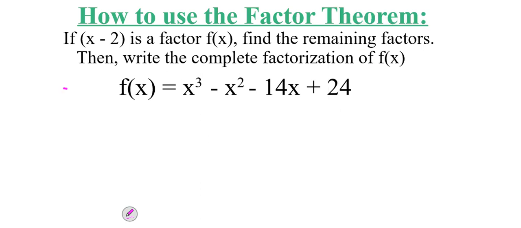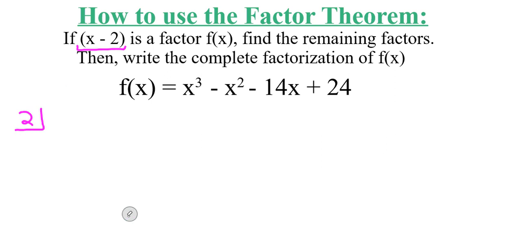Here we go. So the first thing I'm going to do is, it told me x minus 2 is a factor. So I'm going to use that and say, hey, that means if I plug 2 in and use synthetic division, I'll get a 0 for the remainder, and that's going to be a big deal, and I'll show you why in just a second.